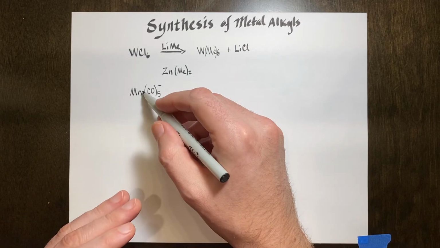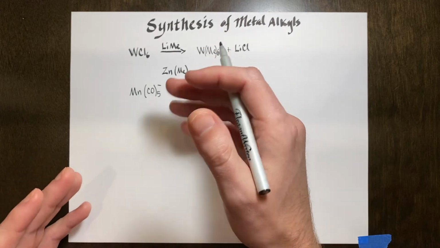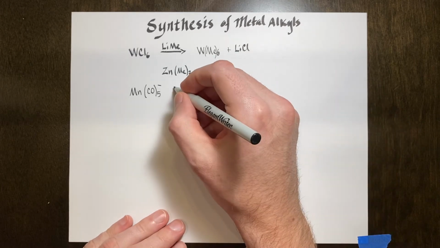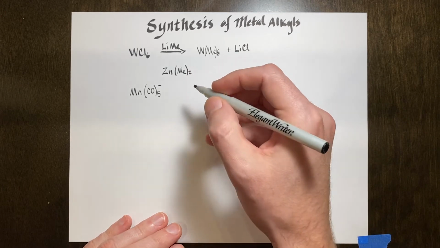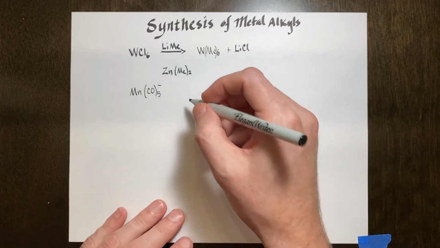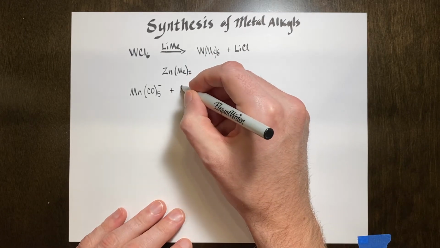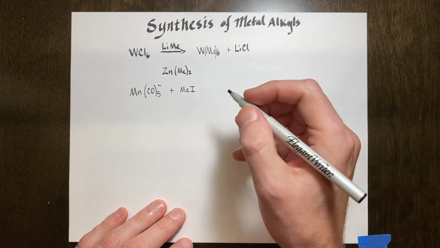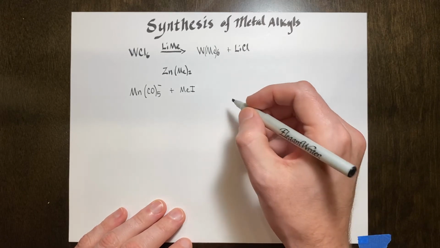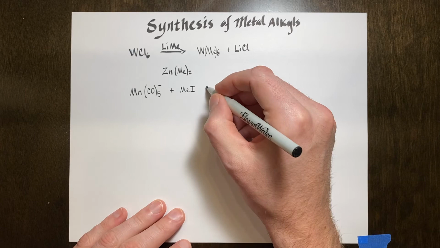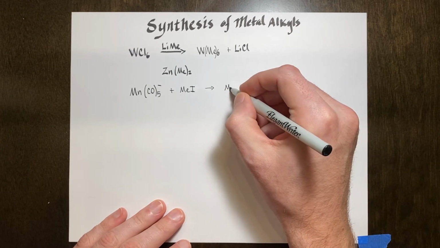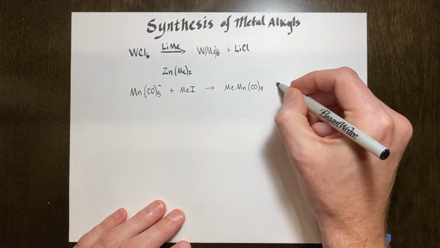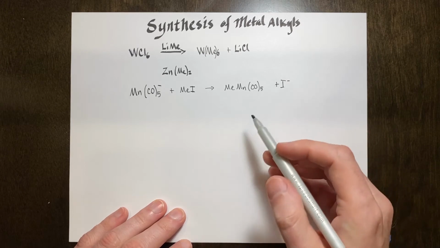Often you'll see these metals as either 0 oxidation state, or in this case we have a negative charge there. So then if we add an electropositive carbon, such as the halide, so we'll use methyl iodide here, then we can add a methyl group onto the manganese, in an electrophilic fashion.